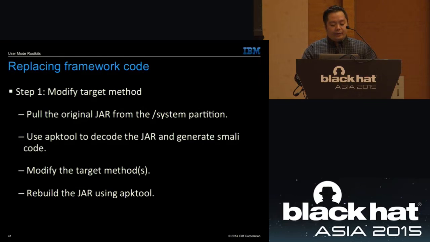After you replace it, you rebuild the jar using apktool. It doesn't matter if the jar that you rebuilt is not 100% the same as the one that you pulled, aside from the code. The only important part of this is the classes.dex. The resources are not important.